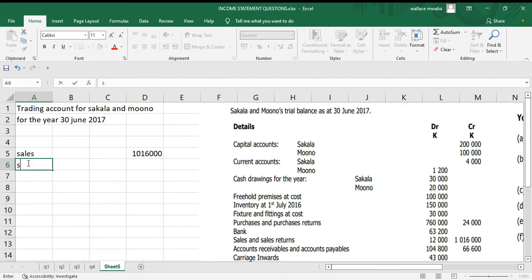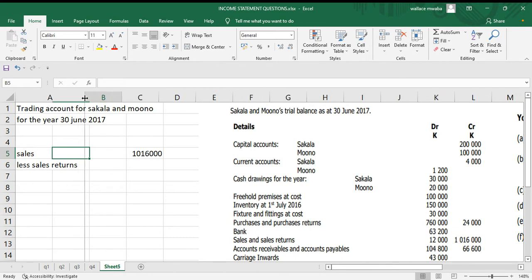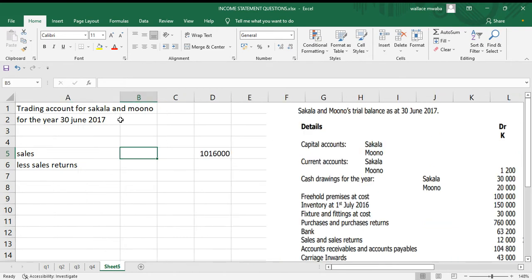So we're going to say less sales returns. Sales returns was at 12,000, right? So we're basically calculating our turnover.